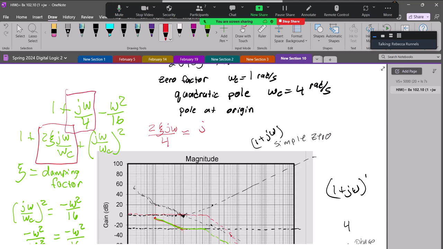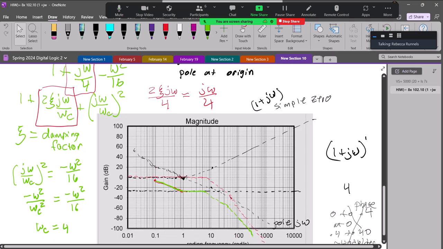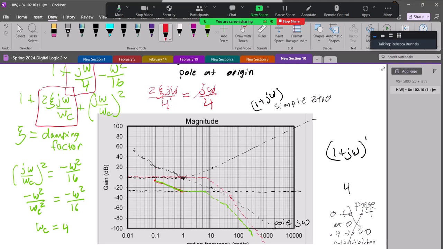It has to equal j omega over 4. So now I'm just solving this equation for c. If I divide both sides by j omega, multiply both sides by 4, I get that 2c equals 1, or c equals 1/2, c equals 0.5. And that's how I got my damping factor.